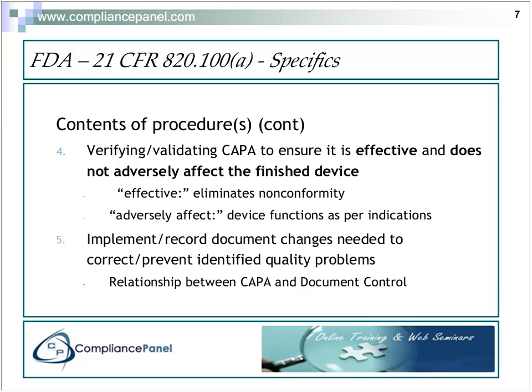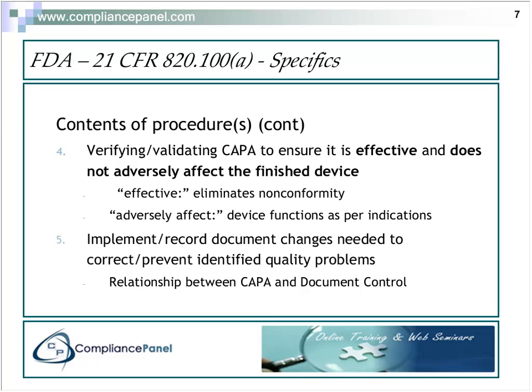There's no need to repeat the process in your CAPA procedures. You can meet this requirement as simply as stating something like, document changes resulting from corrective or preventive actions are implemented per SOP 123, our document control procedure.